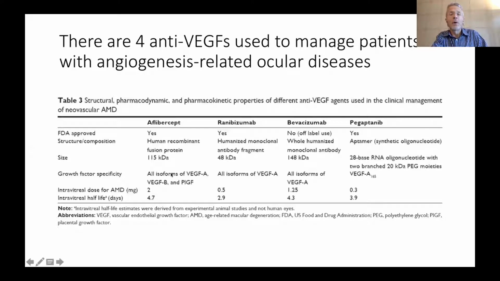And when you ask what is the common target of all 3 of the effective agents, the answer is VEGF-A. So the conclusion one can draw is that neutralization of VEGF-A alone is sufficient for the therapeutic benefit of the most effective anti-VEGFs that are used in the clinic today.